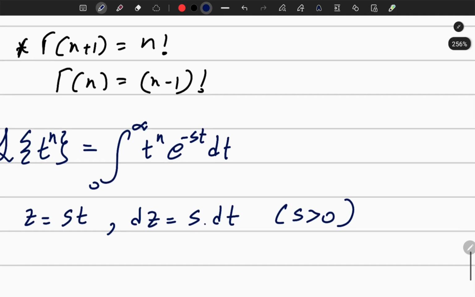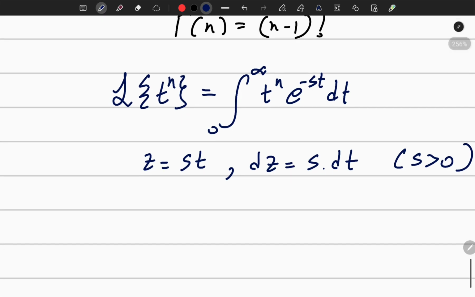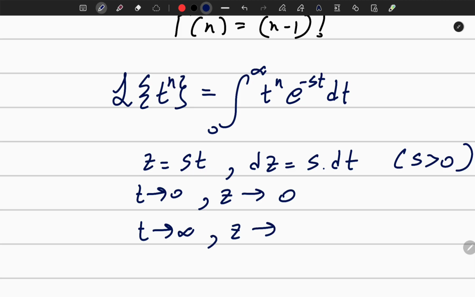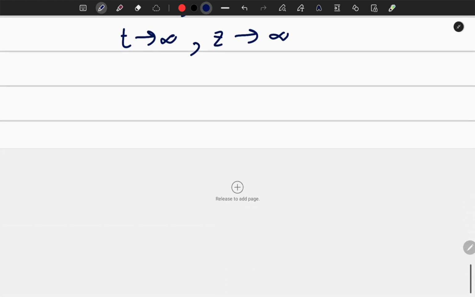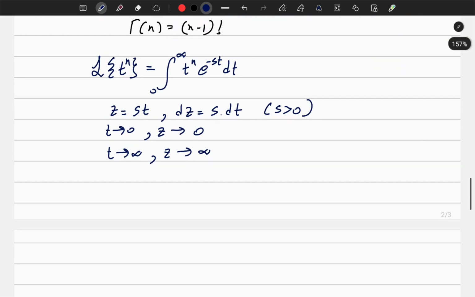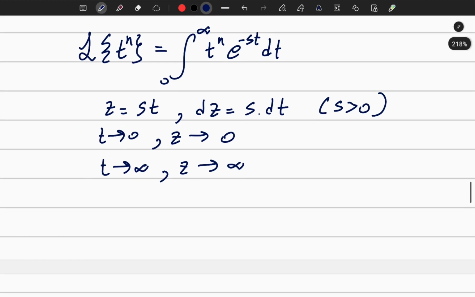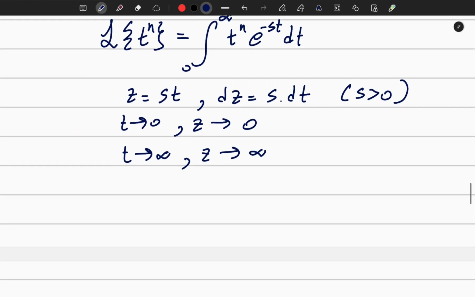When t goes to 0, z is also approaching 0. When t is approaching infinity, since s is positive, z approaches infinity. Those are the boundary conditions, those are the limits.